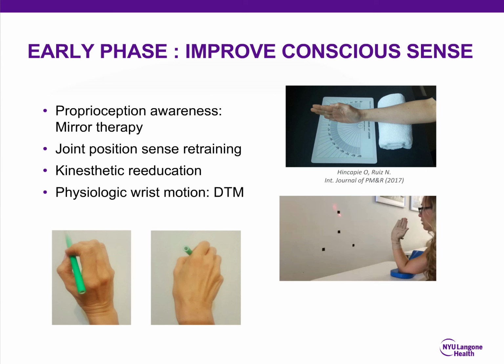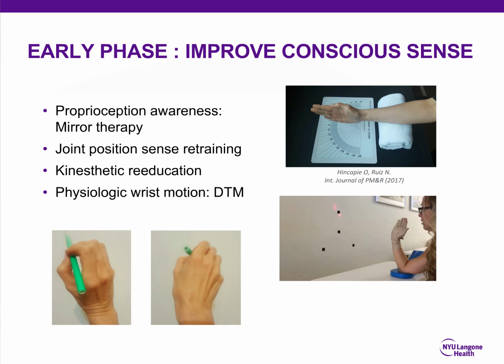In the early phases, it is important to improve that conscious sense, and we can use mirror therapy for proprioception awareness. We can do joint position sense retraining, as you can see in the picture in the upper right, and kinesthetic re-education. We can use a simple laser pointer to create paths of motion, protected motion.